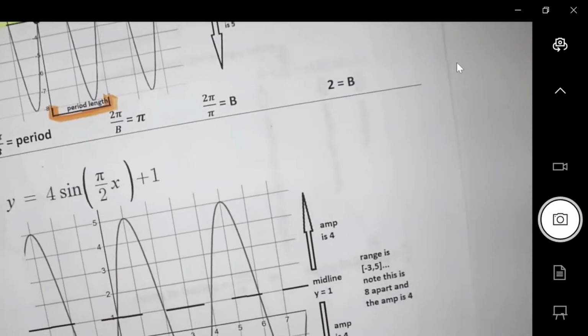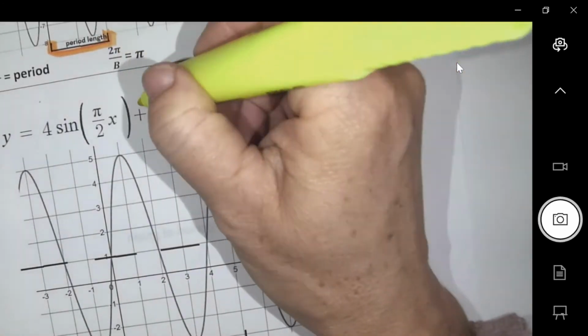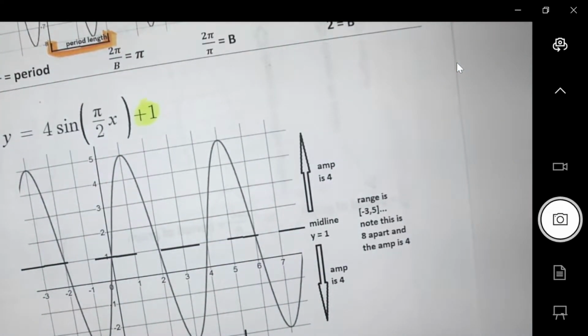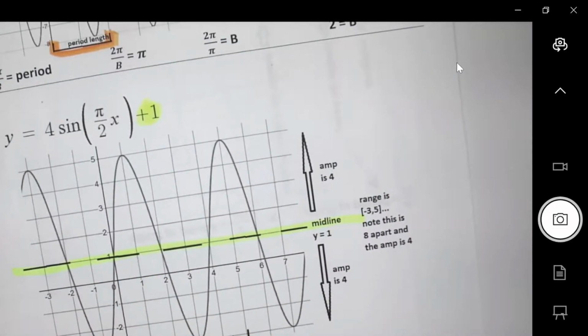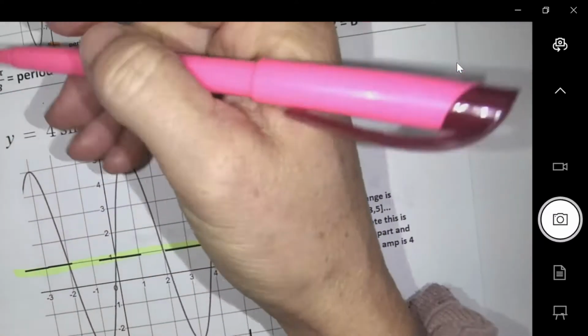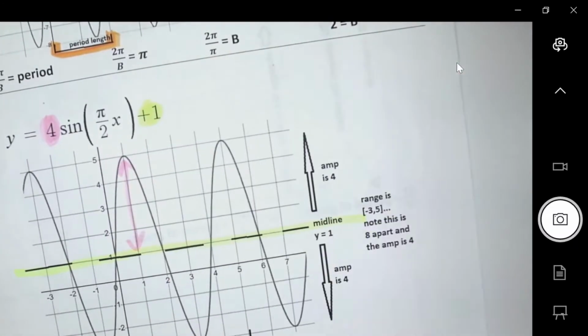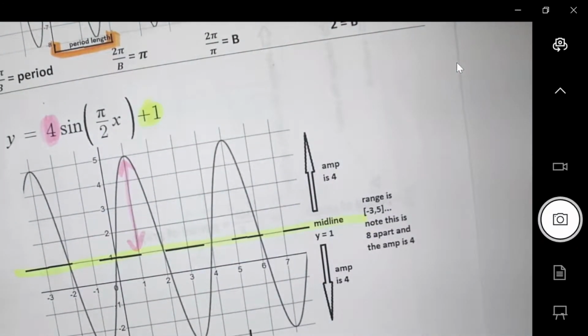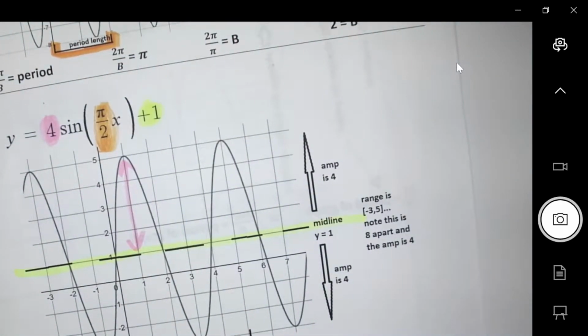Okay. So here, do you see all these things happening? So when I see a +1 at the end of this, that means what? This middle is at 1. I see a 4 in the front. Now that means the amplitude is 4. And I'm seeing a pi over 2.